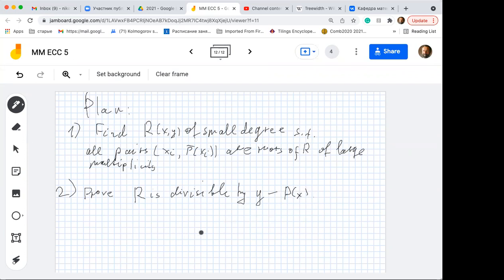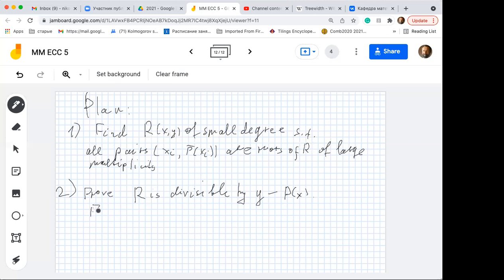And then we will just factor R into irreducible factors. So there are efficient algorithms to do that.